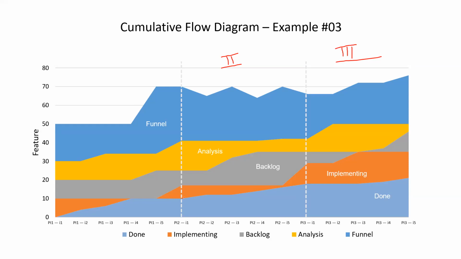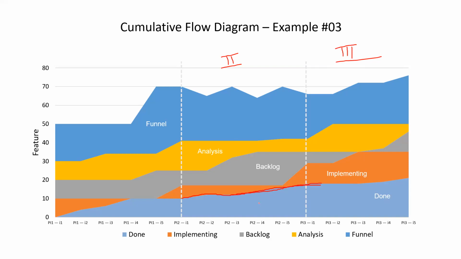One good thing that happened here is the done is increasing slowly, steadily, constantly. See the upward line here? It is a constant upward, which is what we typically expect. Of course, the backlog got piled up like anything. The implementing got reduced, and again it started picking up in the last sprint. But at least one good thing is the done line is increasing, the progress to the final state is increasing at a slow and steady pace, not drastic, which we typically expect.